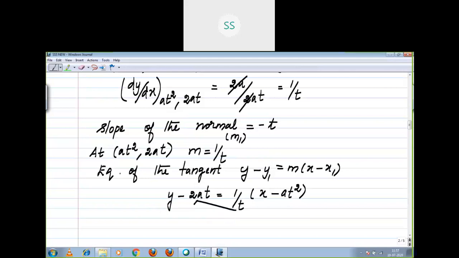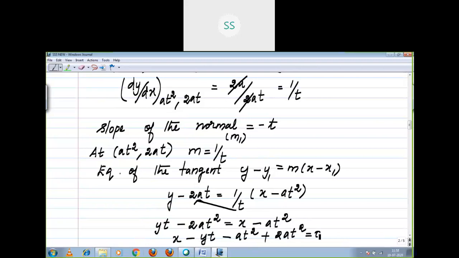Now you cross multiply. Y into t minus 2at² equal to x minus at². Then you shift the left hand side to the right hand side for convenience: x minus yt, minus at² plus 2at² equal to 0.